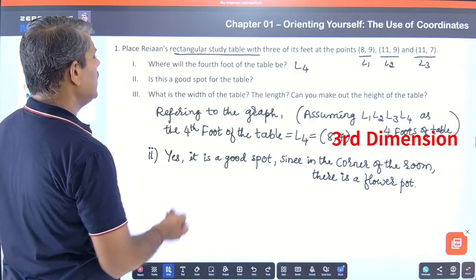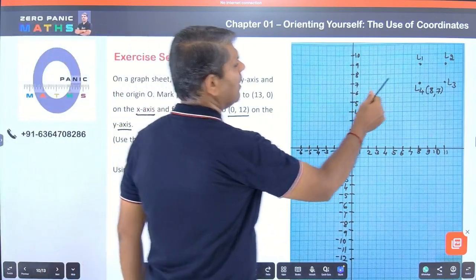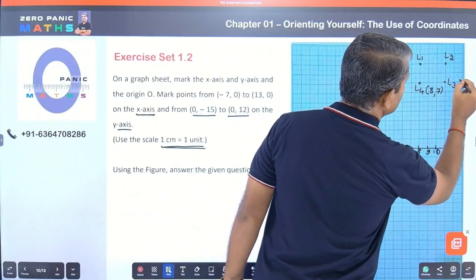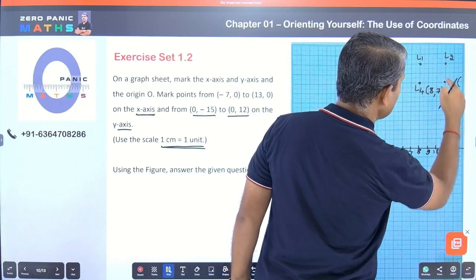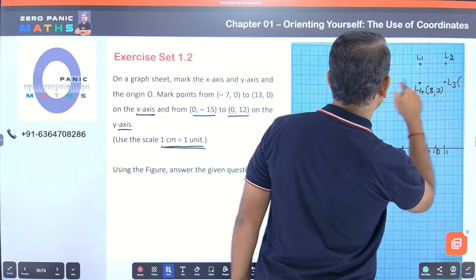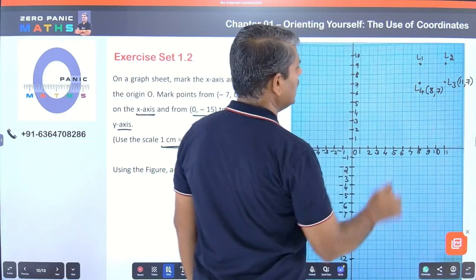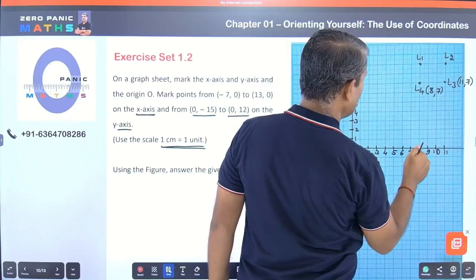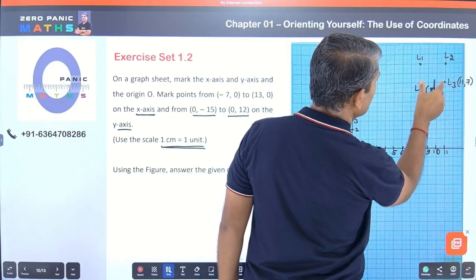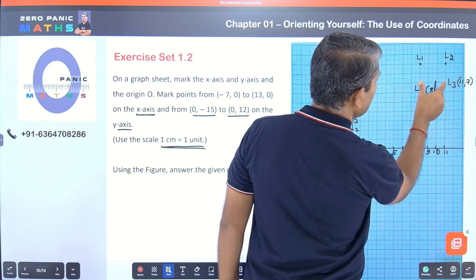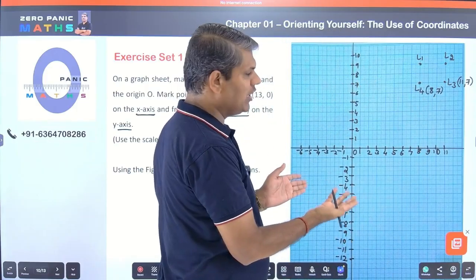Okay, so now can we find out the width and length? Yes, we can. L3's value is 11 in the x coordinate and 7 in the y coordinate. Now what is L1? L1 is the first leg, so that I can find out the length also. By looking at the figure, you can see that 3 feet is the width and 2 feet is the length here, but mathematically we need to find that.